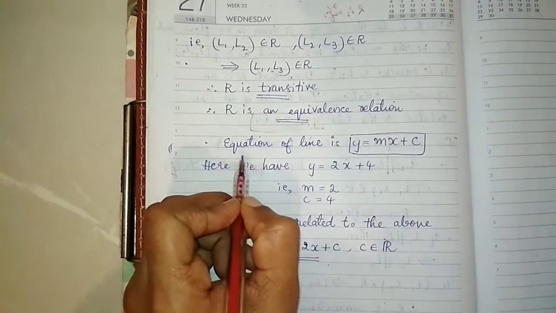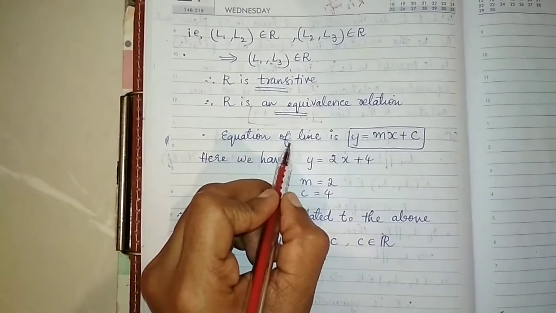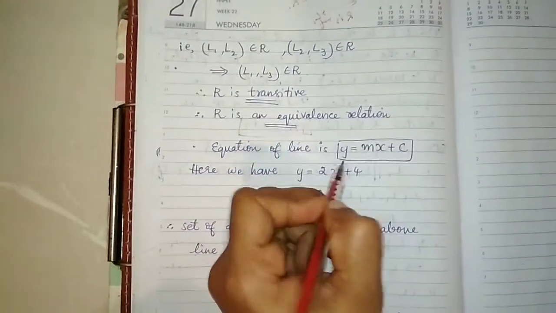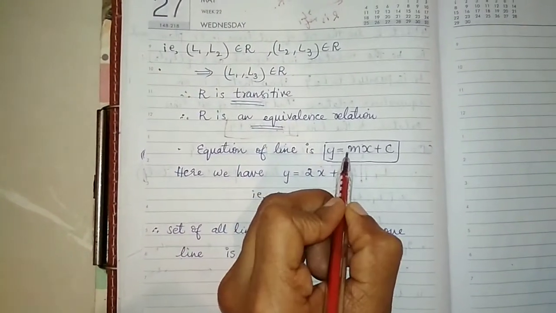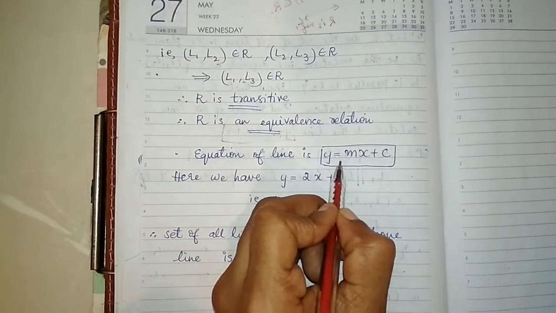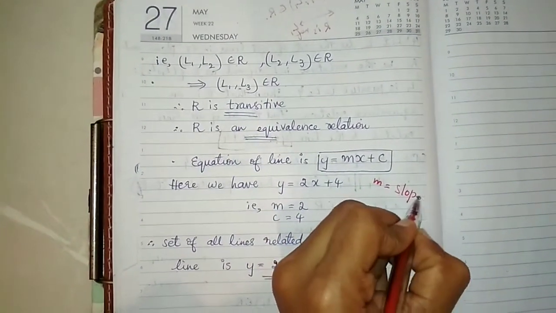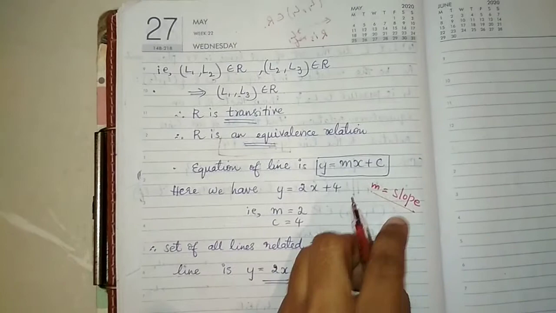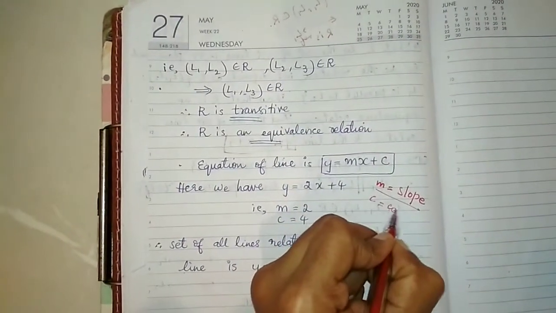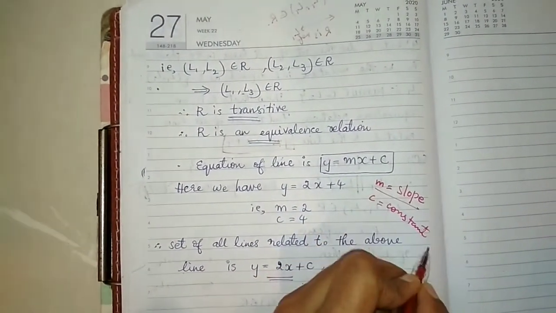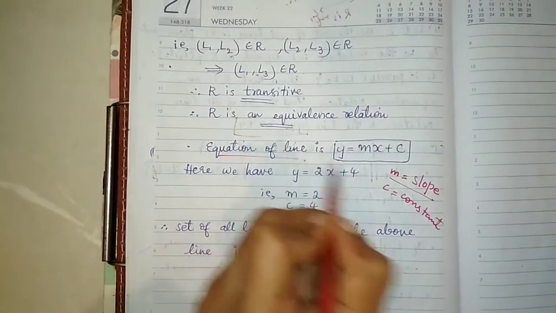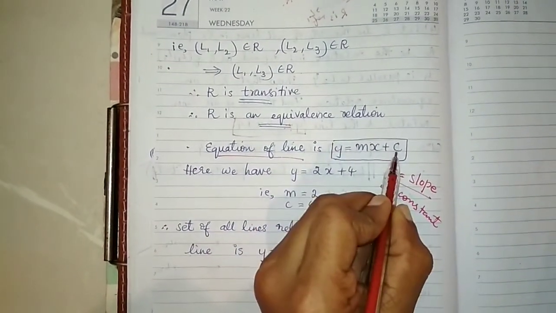I am writing it here. Few may remember this equation. What is it? y equal to mx plus c. Do you remember what m is? m is the slope. c is a constant, or any real number. So you have the equation of a line, y equal to mx plus c.